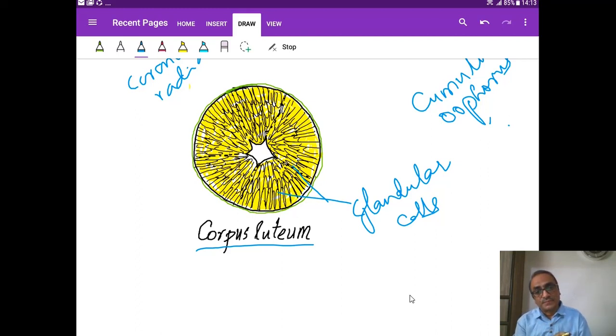But once the corpus luteum is formed and it starts secretion of the progesterone, the hormone is known as progesterone.